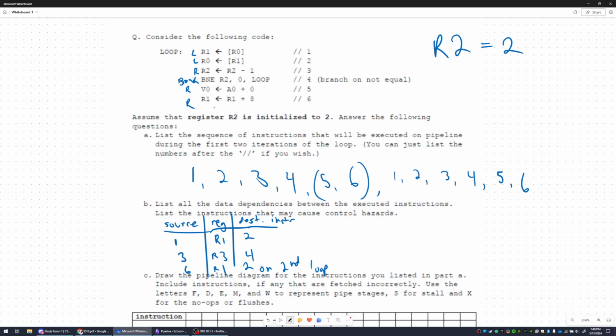R1 plus 8. The loop would occur from line 4, wouldn't it? Let me think.